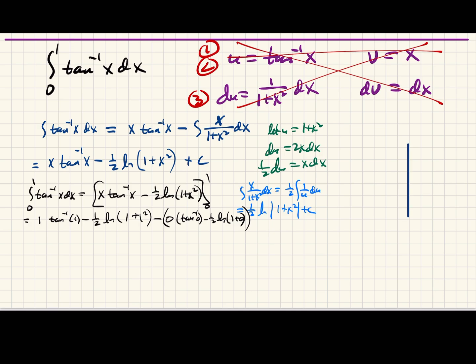Okay, so I'm thinking about the tangent function on the unit circle here. So where would the tangent be 1? You can also think about the graph of the tangent function. It has asymptotes at minus pi over 2 and pi over 2, right? And it looks like that.